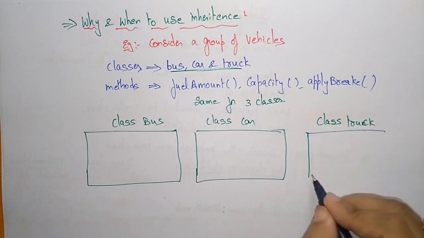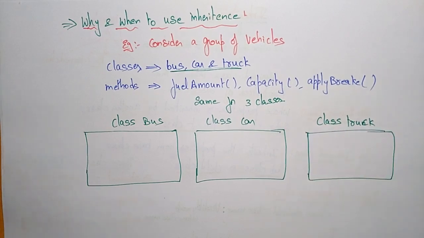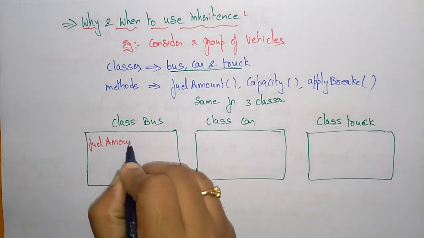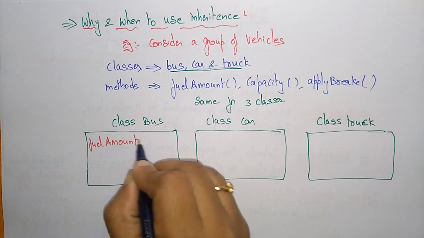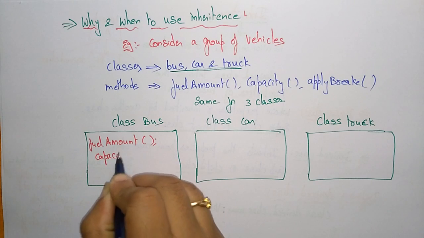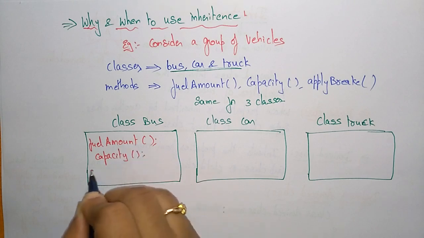These are the group of vehicles, three vehicles. For these three vehicles, you are writing the same methods. Here I am writing without inheritance: fuel amount, capacity, and apply brakes.